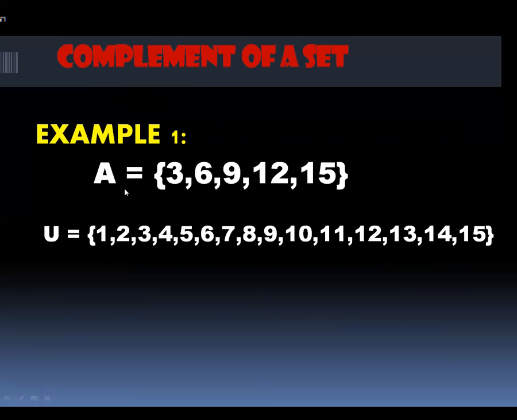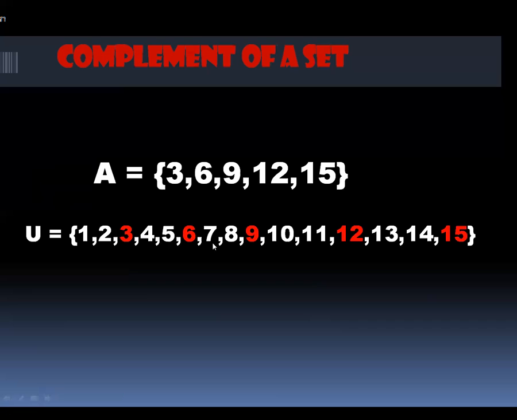Okay? So first thing you're going to do is find the elements in the universal set that are in A. So 3, 6, 9, 12, 15.